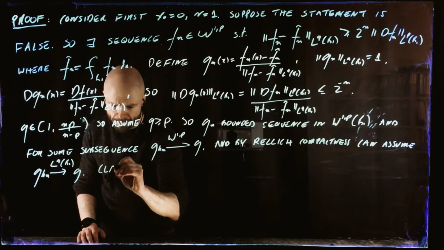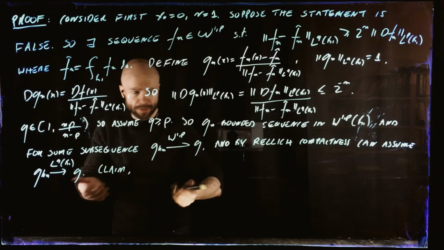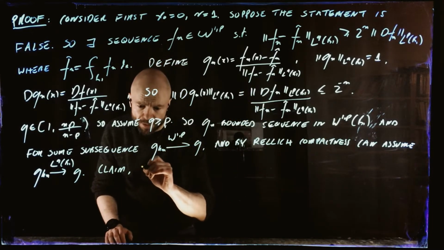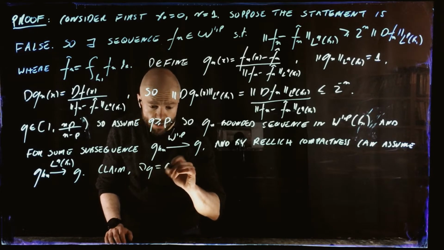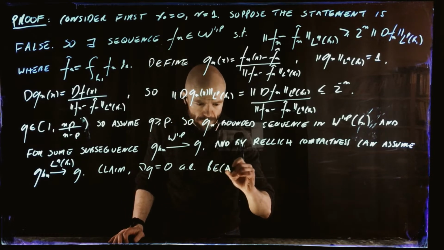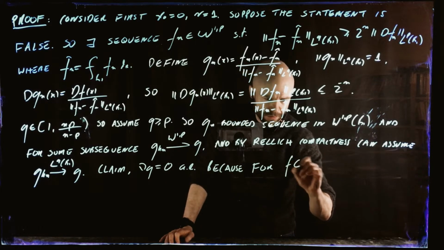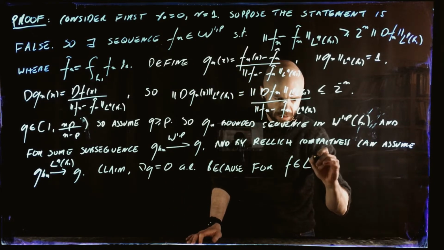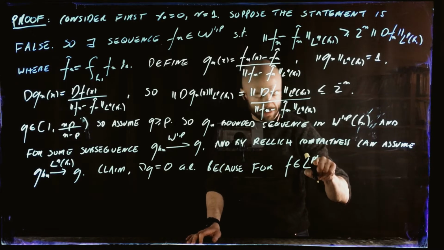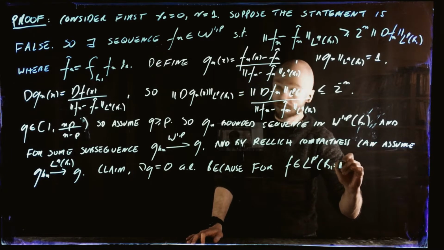Claim: this function g is in the Sobolev space by this weak convergence, but the actual gradient of g is 0 almost everywhere, because for any test function f belonging to L^{p'}, the Hölder conjugate p' norm on the ball.